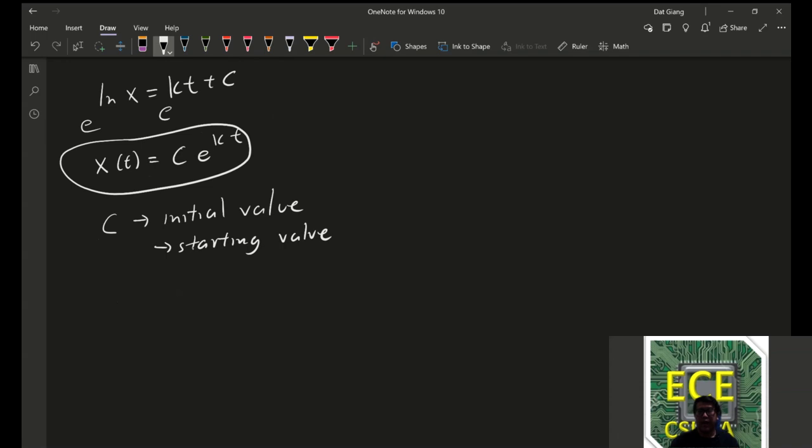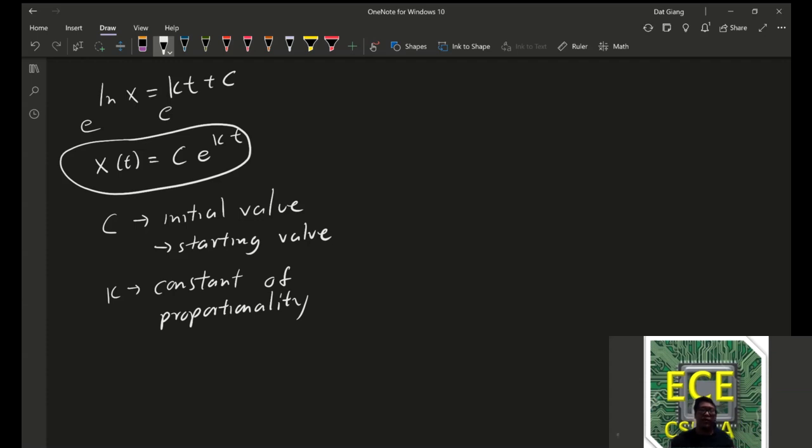Now, k is called the constant of proportionality. This can be positive, this can be negative, but it cannot be 0, because in the event it's 0, then there is no growth and the solution is just a constant.